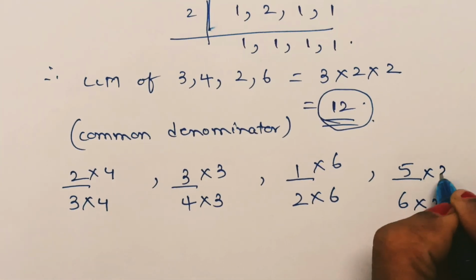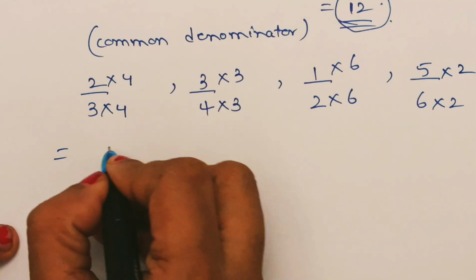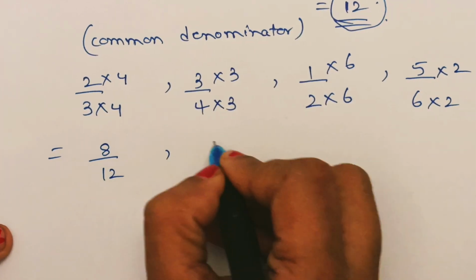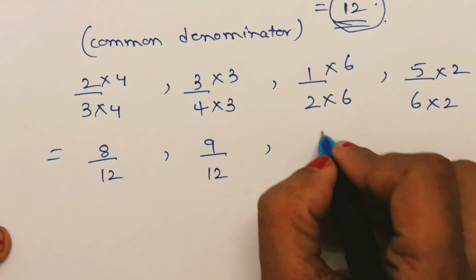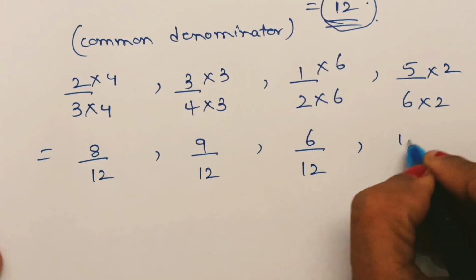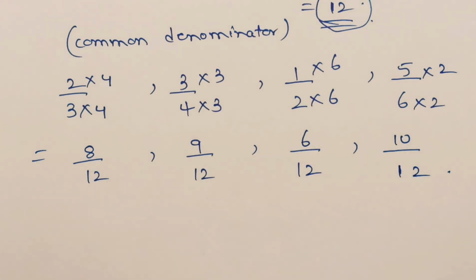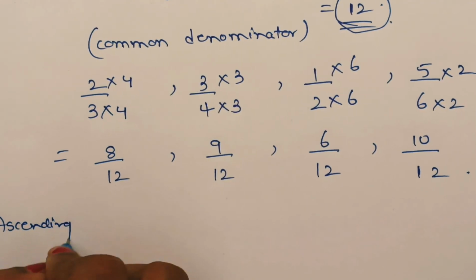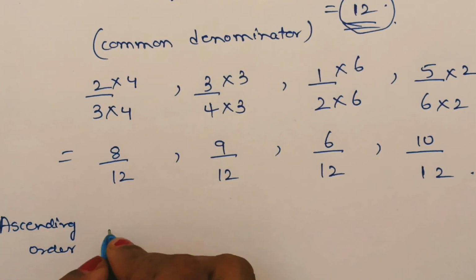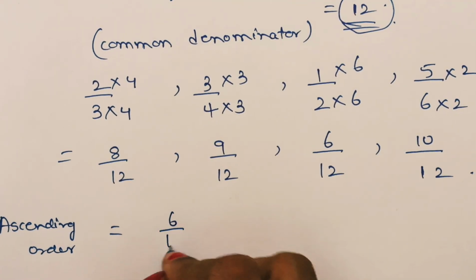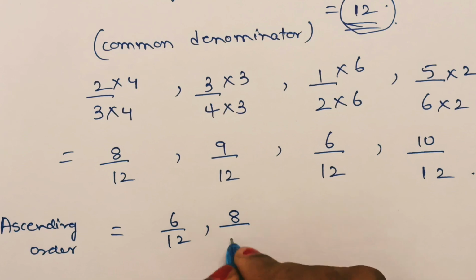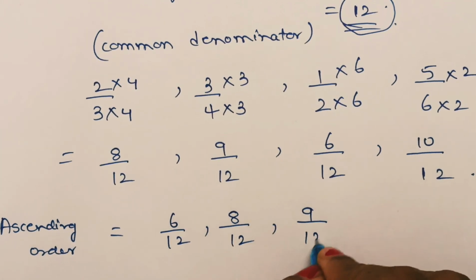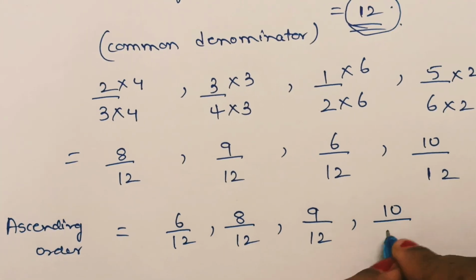Into 2, into 2. So in this way, 8 by 12, 9 by 12, 6 by 12, 10 by 12. Okay, so ascending order. What is your ascending order in this? Small to big. So 6 by 12, 8 by 12, 9 by 12, 10 by 12.